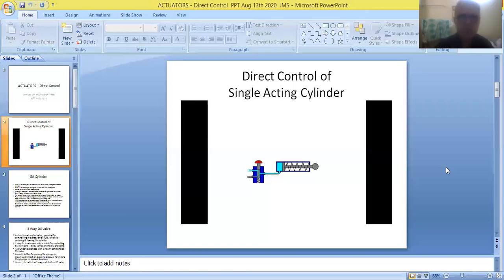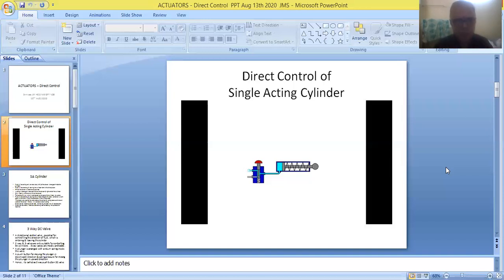So friends, in any situation, the first position of the DC valve is used for the forward stroke of the piston, and the second position of the valve is used for the return stroke of the piston. These valves will also operate automatically. All these operations will take place automatically, so long as the circuit is in working condition.